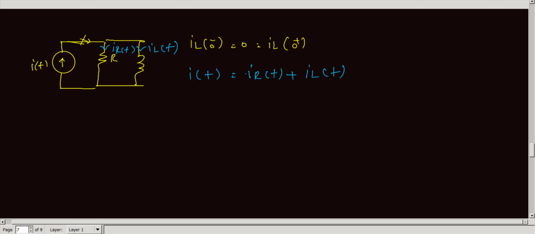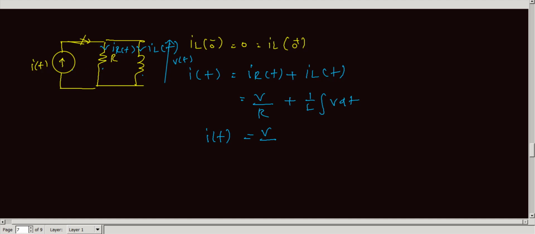So I want to find the equation. This is V by R, so IL equal to 1 by L integral V dt. Let this voltage be V of t. In the parallel branches, the voltage is the same. So this is an integral equation. I want a current equation, so I of t. I can get here V by R, where the voltage across the inductor is equal to the voltage across the resistor.